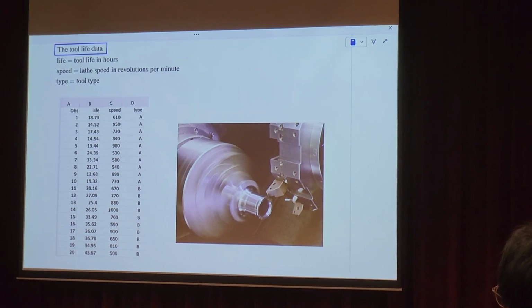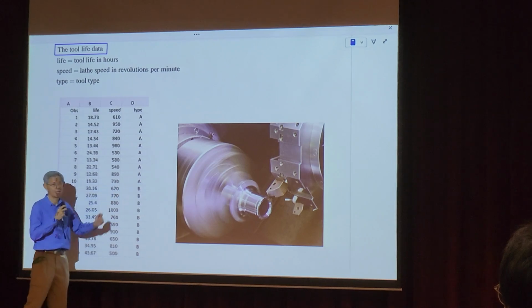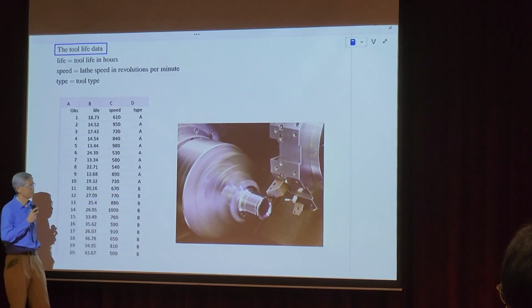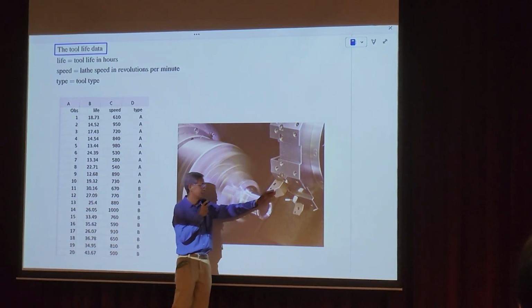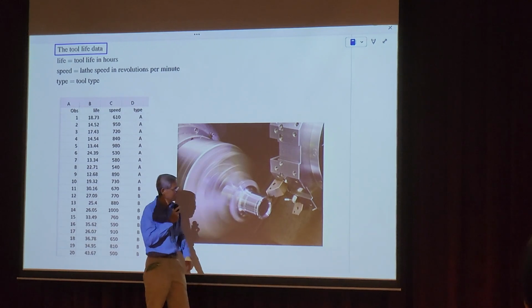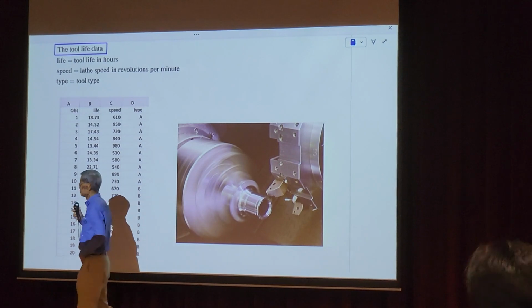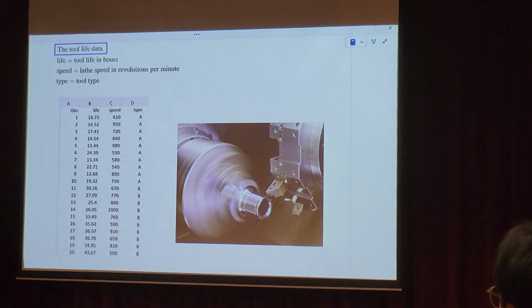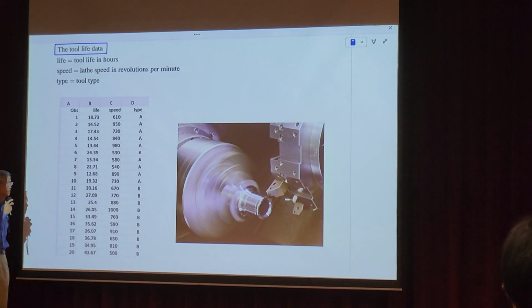Let's say in this experiment we have two tool types, A and B. You could examine one made in, let's say, Singapore, and one made in China, and compare them to see how well they work. I don't know which one will work better; China is very powerful now.